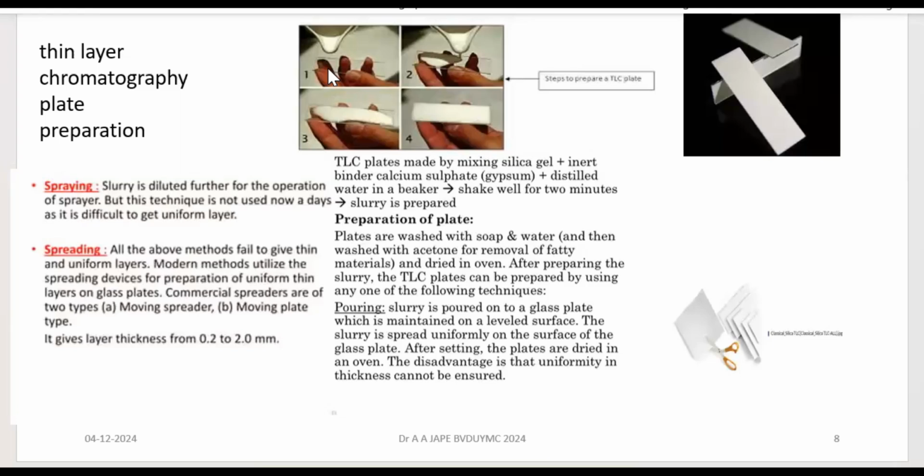And generally the thickness, as I said earlier, is 0.2 millimeter when it is for analysis purposes, and when it is for preparative purposes, you are going to have a thick slurry layer prepared. So about 0.2 to 2 millimeters is going to be the thickness of the thin layer that we are going to use.